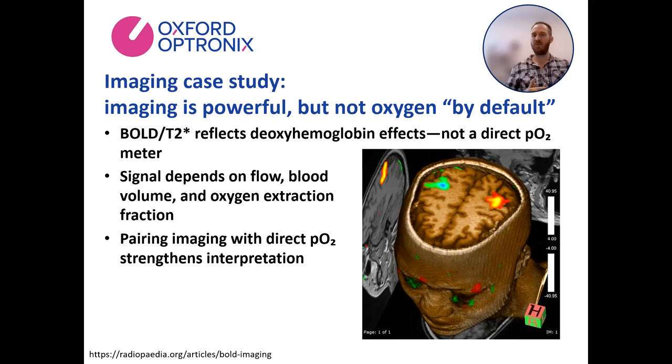BOLD and related MRI signals reflect deoxyhemoglobin effects, so they're shaped by flow, blood volume, and oxygen extraction fractions. That's why tissue PO₂ measurements with imaging studies can be so helpful. They provide you an anchor so you're not forced to infer physiology from an indirect signal. The next example shows what this looks like when you explicitly link MRI metrics to tissue oxygen.